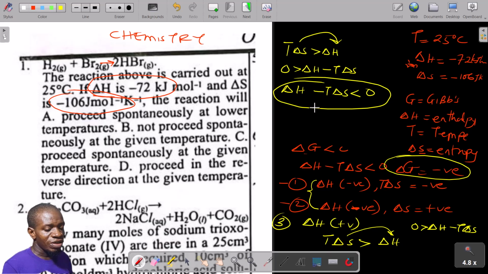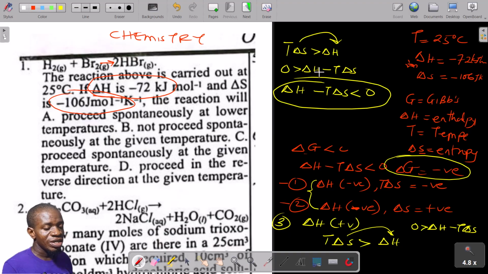All right, now since I've explained that of a spontaneous reaction, for a non-spontaneous reaction, what exactly are we going to have? Please listen. A reaction will not be spontaneous at all temperatures if it's endothermic, that is delta H is positive, and the entropy change, which is delta S, is negative.